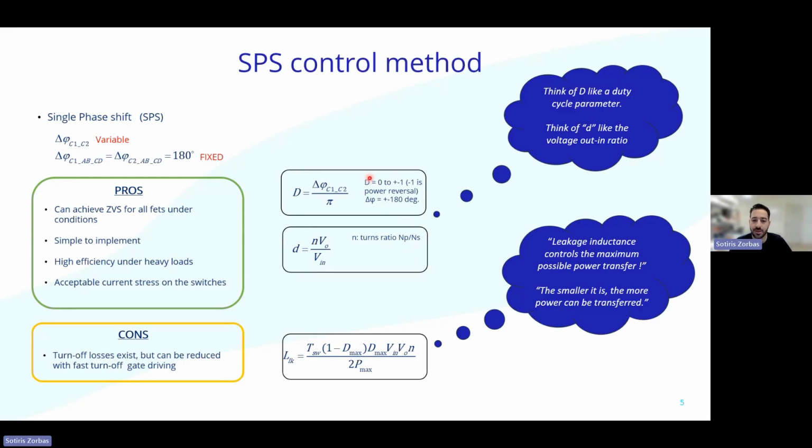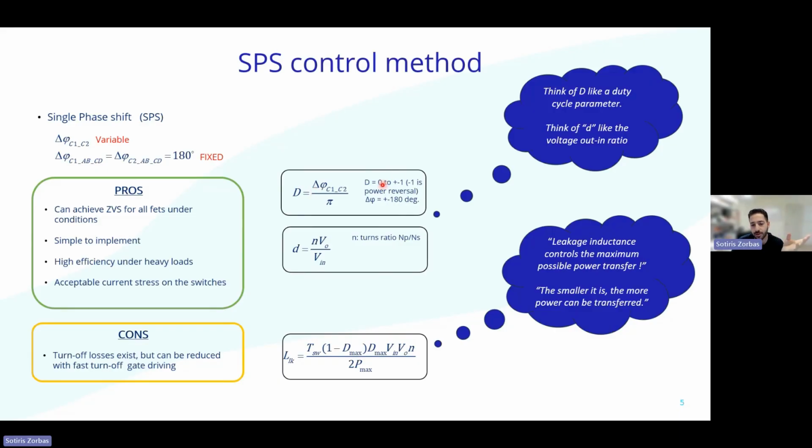Let's see 3 things here. The first one is about D capital, and D capital is pretty much like think of it like a duty cycle parameter. That's the only variable that we are going to control in the SPS method.